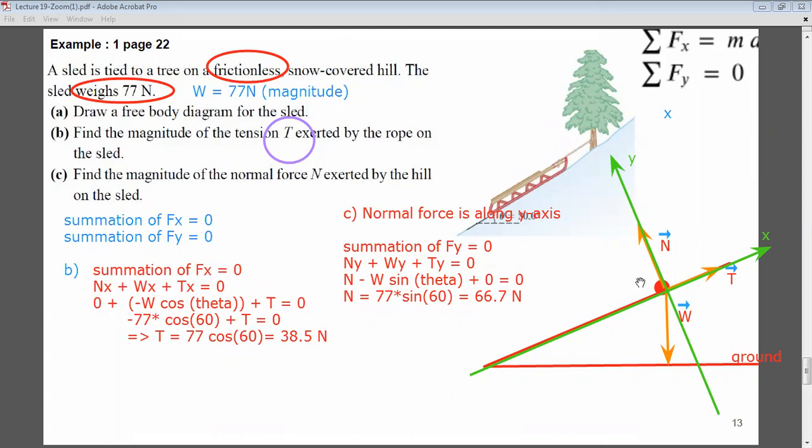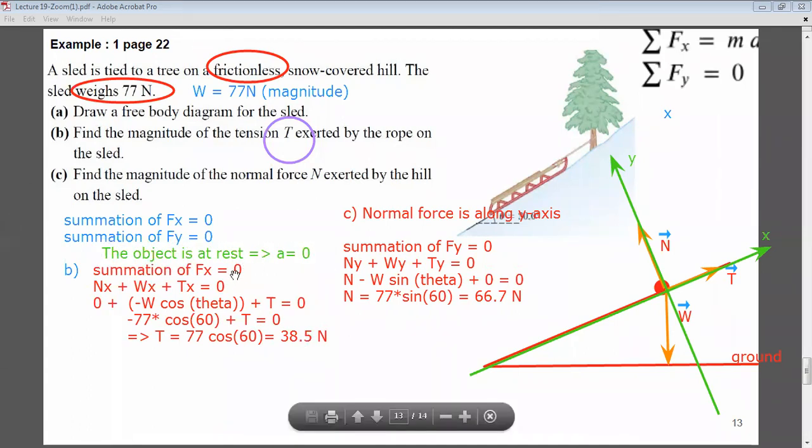But the object is at rest, which implies a equals 0. This is why we took a here to be 0. Now, I have three forces, so I have Nx plus Wx plus Tx is equal to 0.